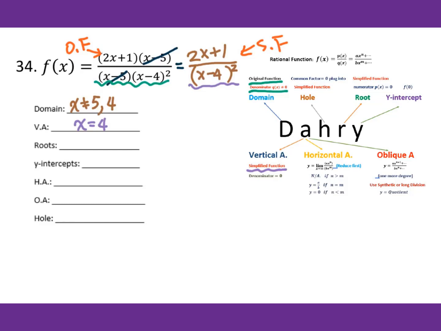Roots, you have to use the simplified function. Numerator equal to 0. So we set up 2x plus 1 equal to 0. Then x equals -1 over 2. So -1 over 2, 0. For the y-intercept, that's f of 0.